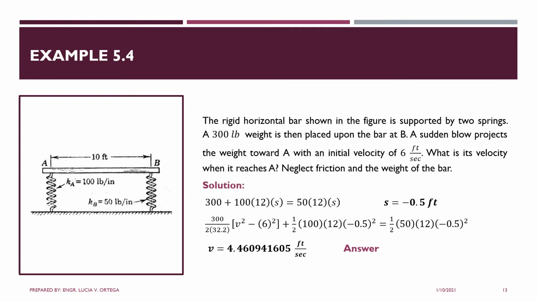The final work is equal to the initial work. So 1/2 times 50 times 12 times the deformation, 0.5 feet. From that, we can determine the final velocity, 4.46 feet per second.